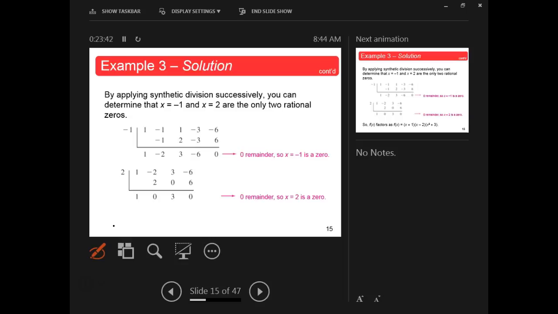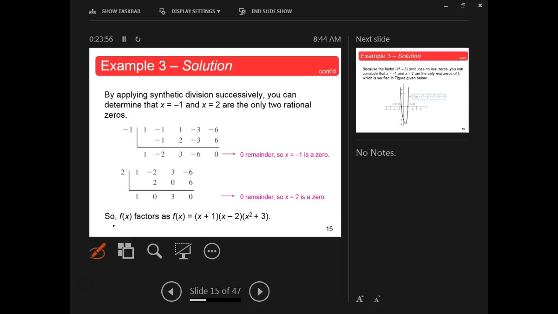Stop there because this is a quadratic. You can evaluate that from what you got. X squared plus 3 equals 0, not in the real number system. So x equals 2 is the 0. And so the factors are, and they didn't ask you for factors, did they? They said, what are the rational zeros?